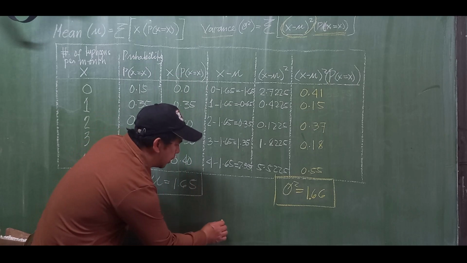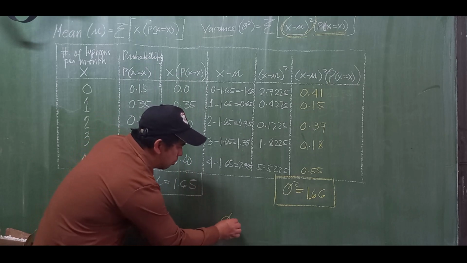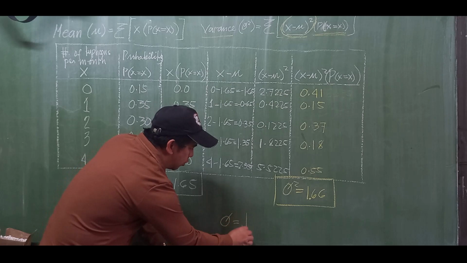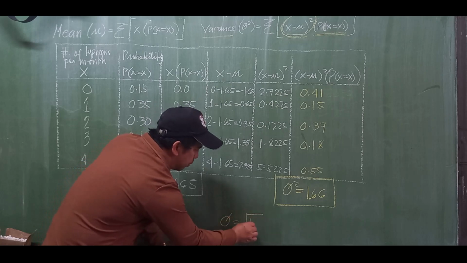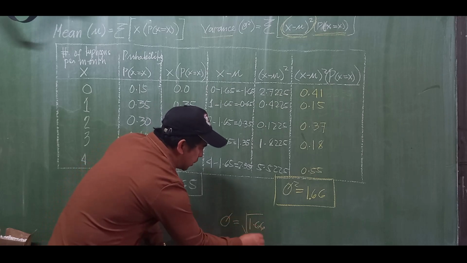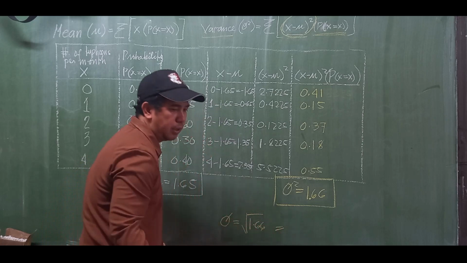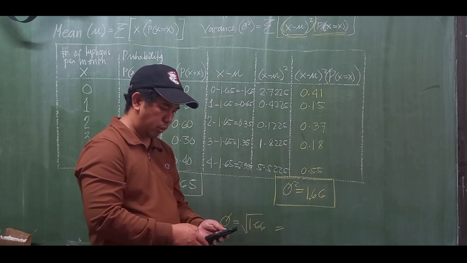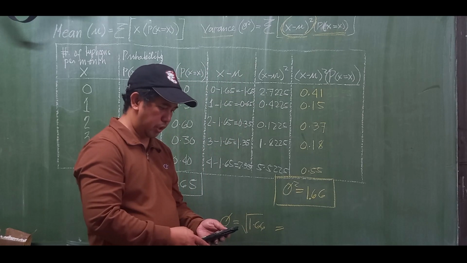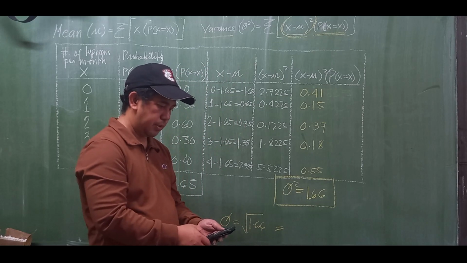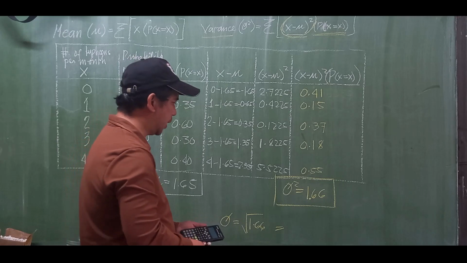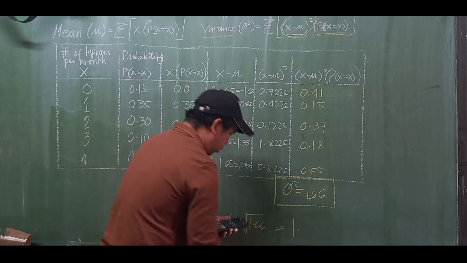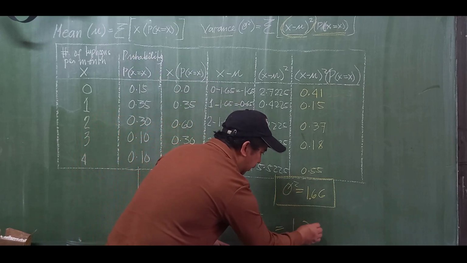After that, we are now ready to get the standard deviation. The standard deviation is represented by the symbol that is the same as the square root of 1.66. It will give you a result of 1.28, okay, 1.29 rounded.